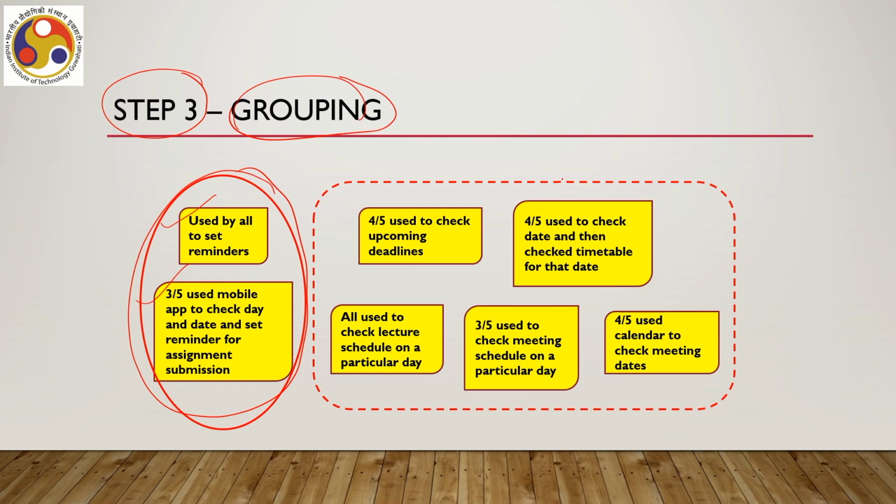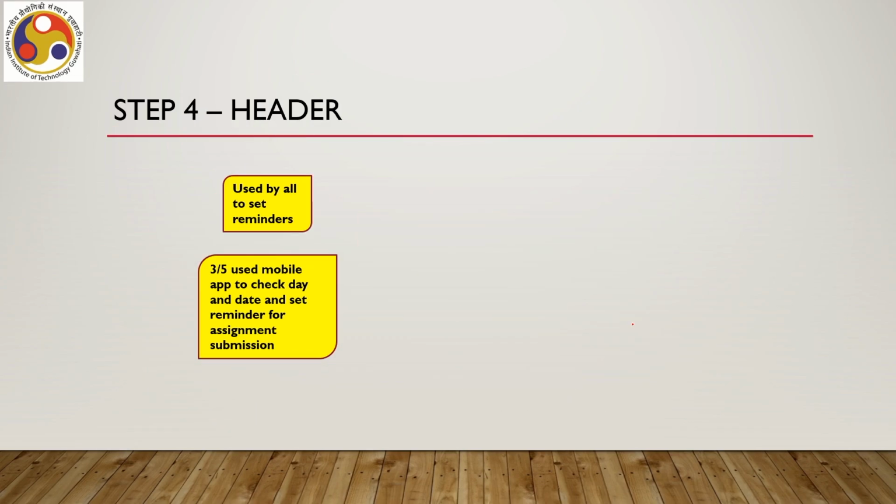Then these 4 are there, and we can consider these 4 to refer to another group. All these 5, not 4, all these 5, 1, 2, 3, 4, 5. Then we need to put a header for each group.